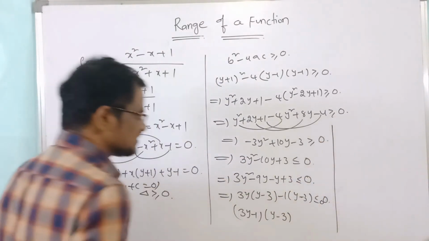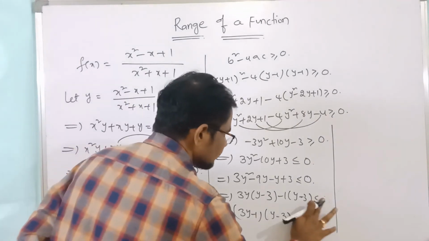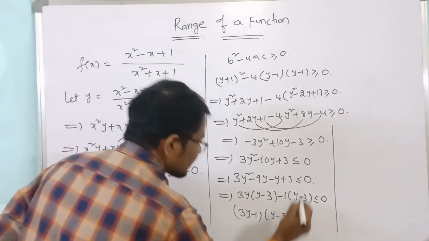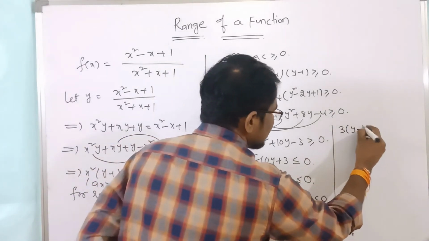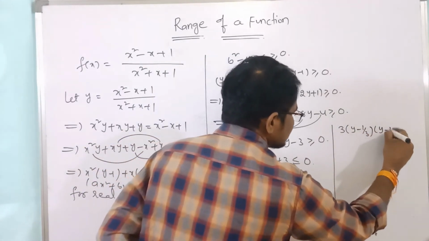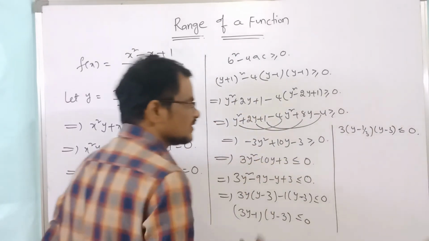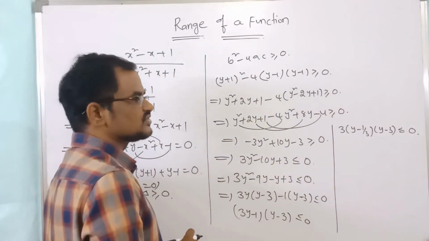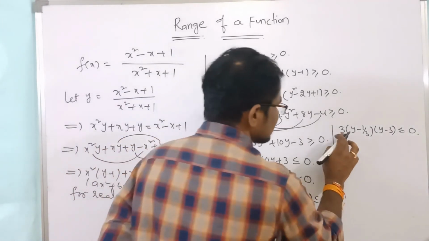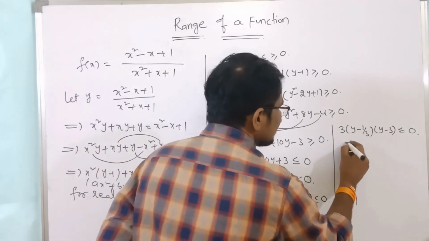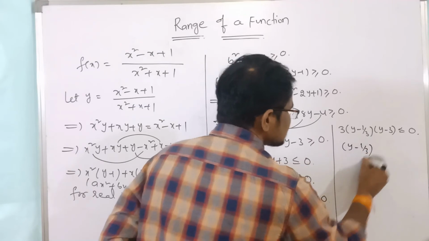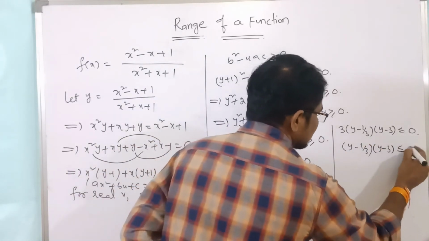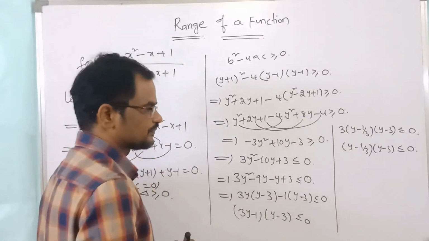Again you can write it as, in this one 3 common. So 3 into y minus 1 by 3, y minus 3, less than or equal to 0. 3 is definitely not equal to 0, it is greater than 0. So that's why you can write y minus 1 by 3 into y minus 3 less than or equal to 0.